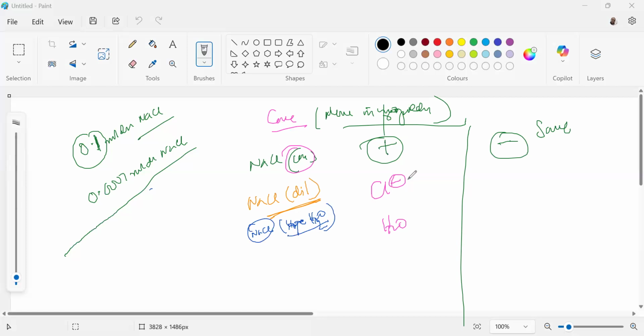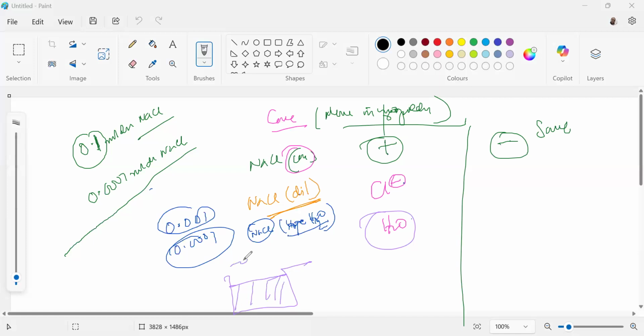So which is more in number, Cl minus or H2O in dilute NaCl? You'll be given numbers like 0.001, 0.0001. These tell you that a dilute solution is there. Who goes? Who is more in number? H2O is more in number. Very good. You have taken huge water, and just a little spoon of NaCl.